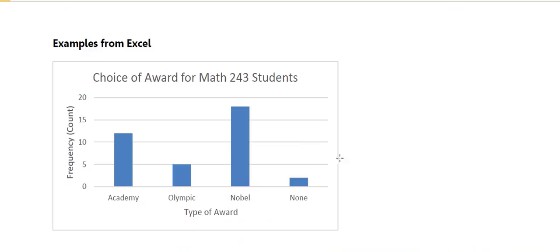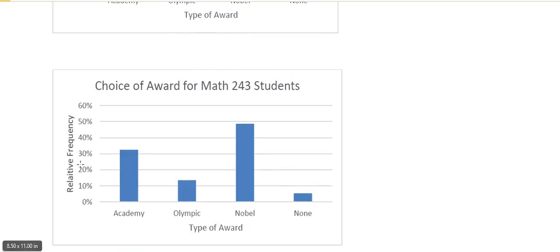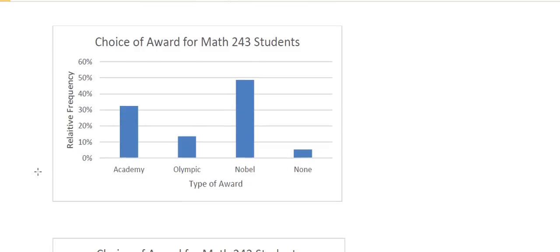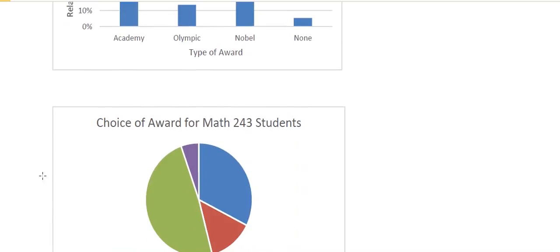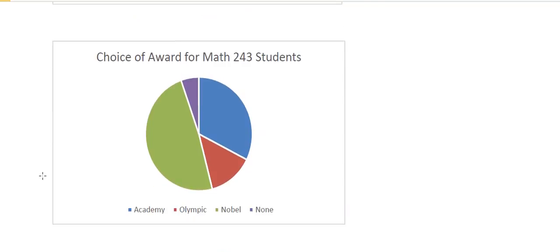Here's one bar chart with the frequency. The count is the scale. Here's the relative frequency where the percentage is the scale. It's really important to label these really well. Have a meaningful title, label your axes so that people will understand what this represents. And here's a pie chart for the choice of a word.